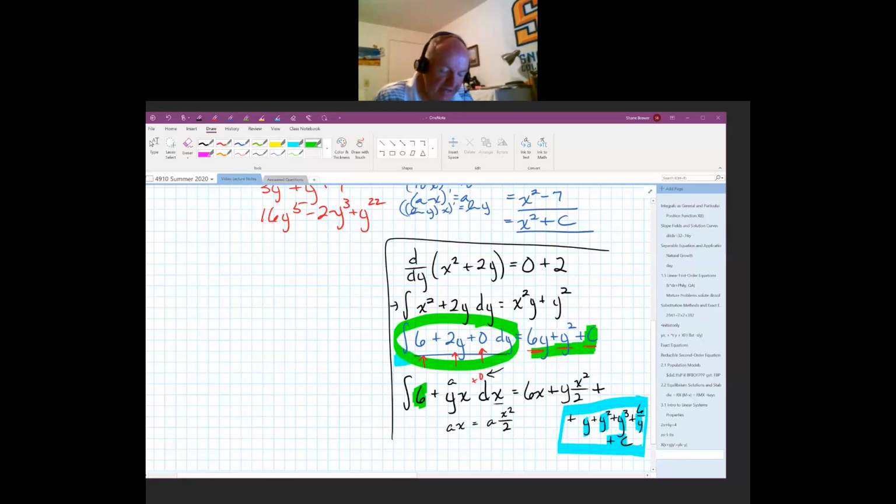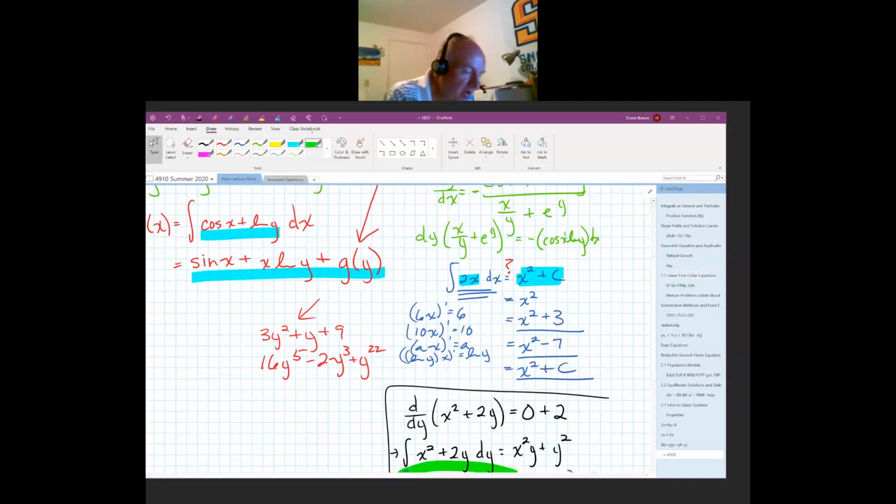The only thing I know for sure is that the antiderivative of this is this, the antiderivative of this is this, and then the antiderivative of 0 with respect to x could be just a bunch of y terms. And so I say it could be some function of y, and that's why I write it like that. Because it could be a whole mess of y terms that disappear when I take the derivative with respect to x. I don't know what they are at this point.